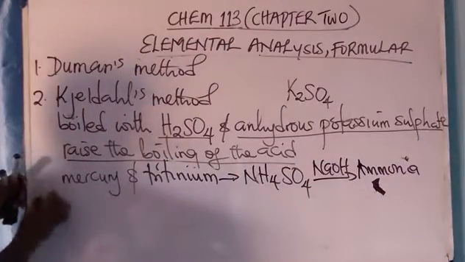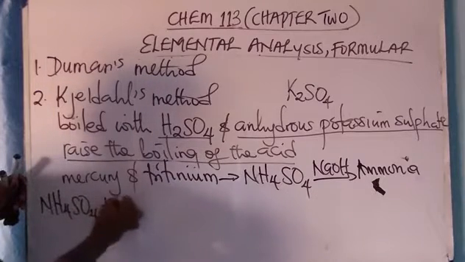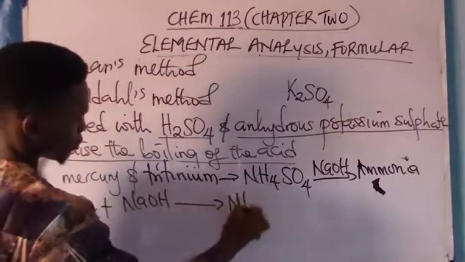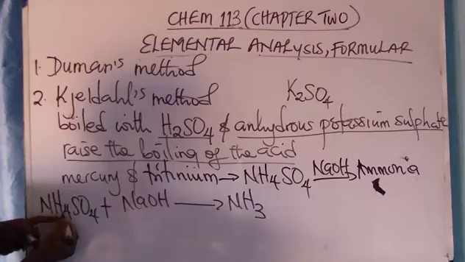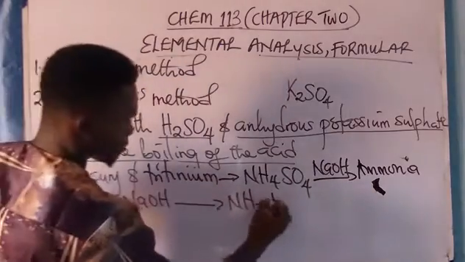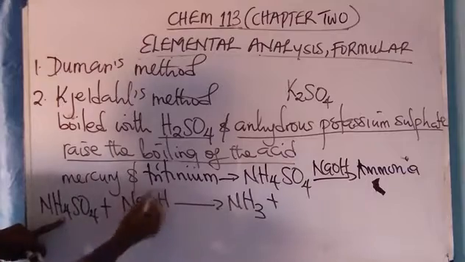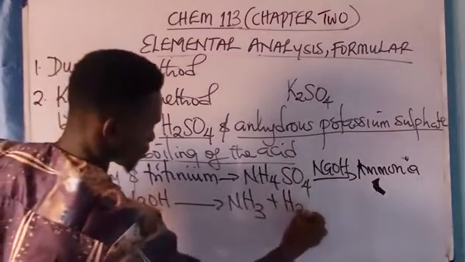I have (NH4)2SO4 plus sodium hydroxide. I am going to have ammonia. I have taken one H from here, I am left with one H. And that one H that is left here adds to this OH, and I will now have water.